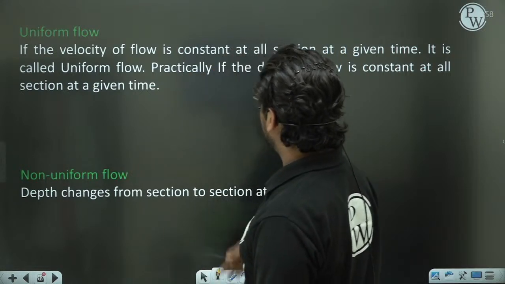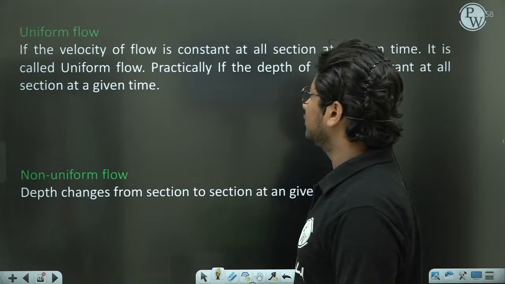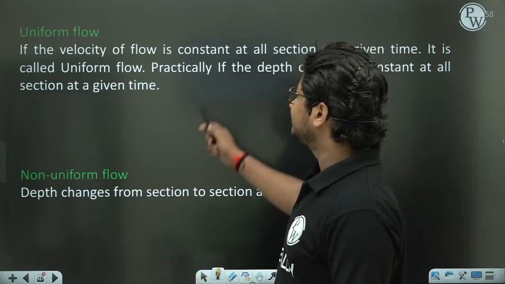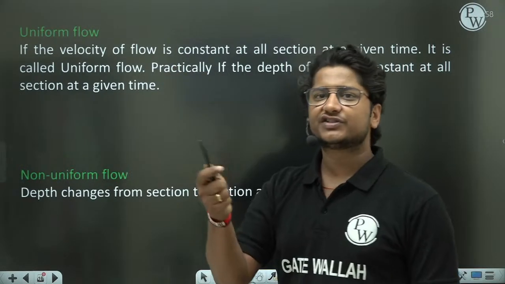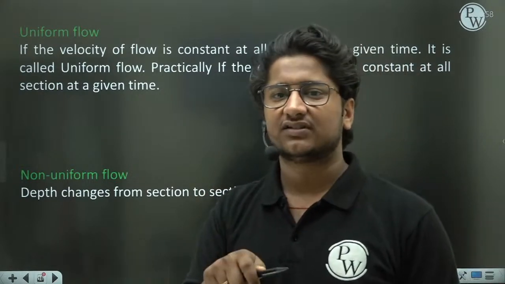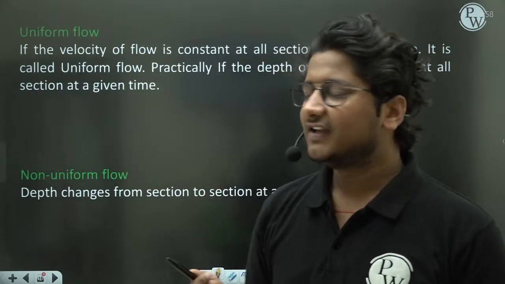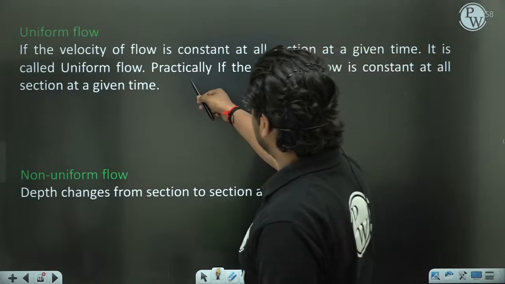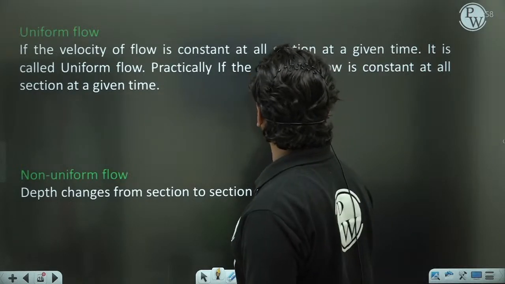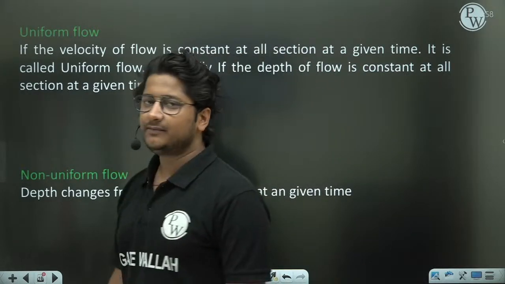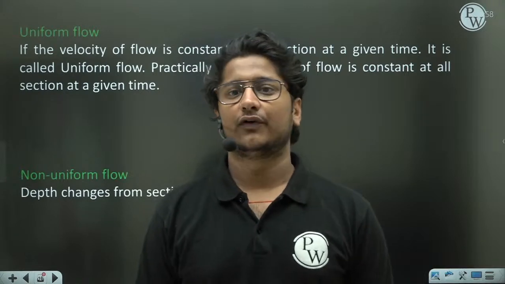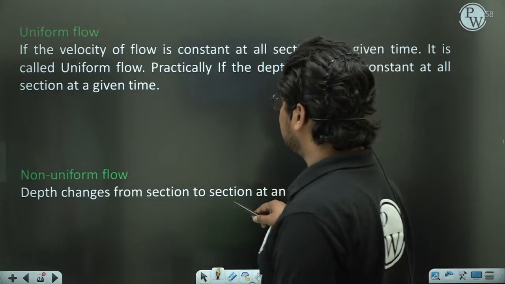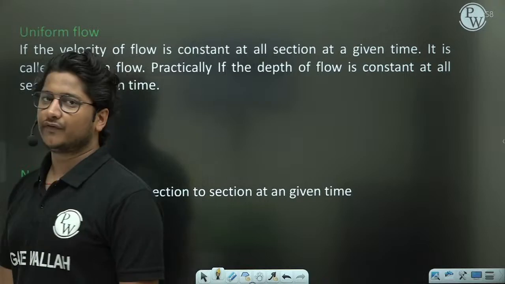Practically, if the depth of flow is constant at all sections at a given time, for example if Q is constant and depth is constant, then velocity will be constant. That is why they say that practically, if the depth of flow is constant at a section at a given time, it is a uniform flow. If it is not constant, it is a non-uniform flow.